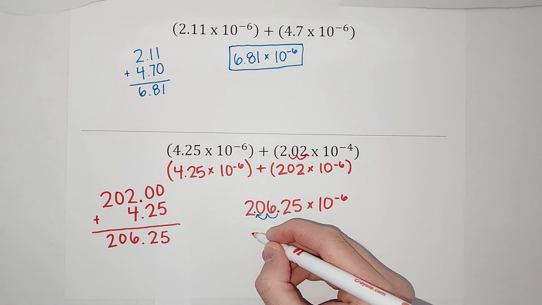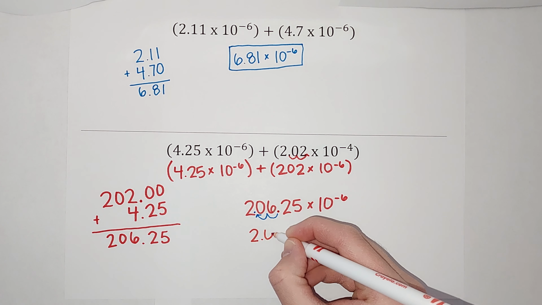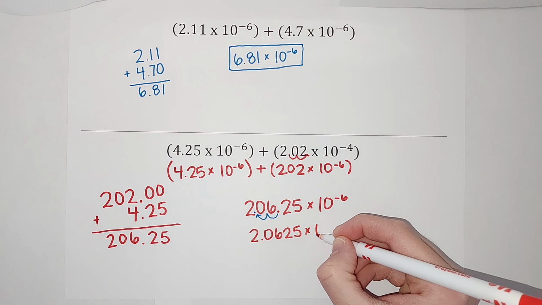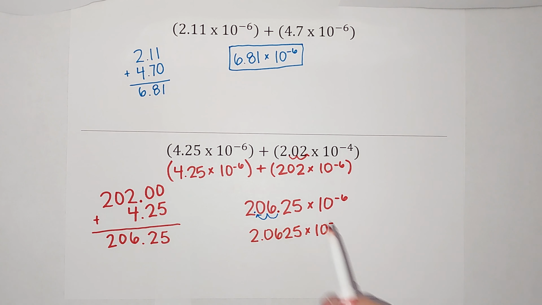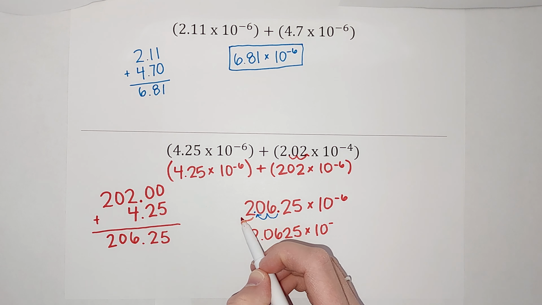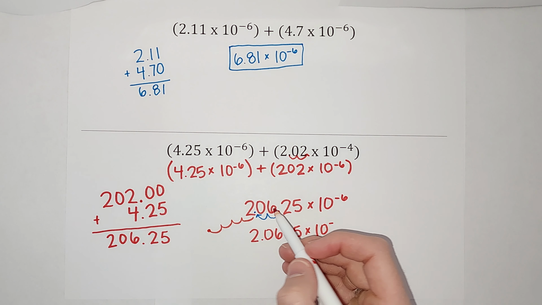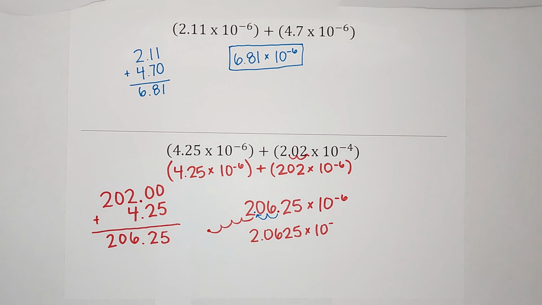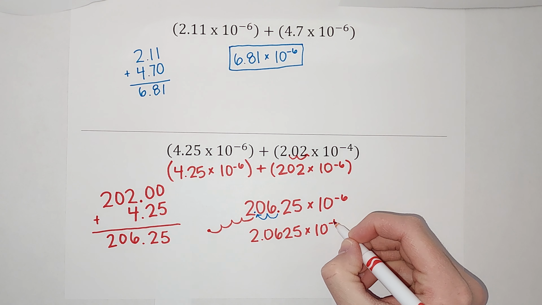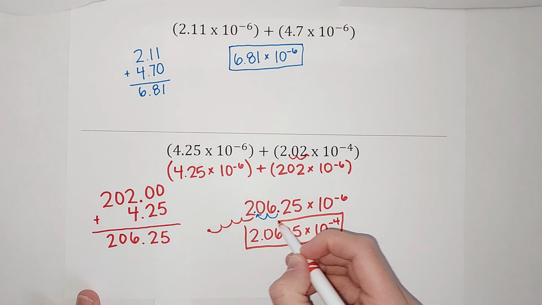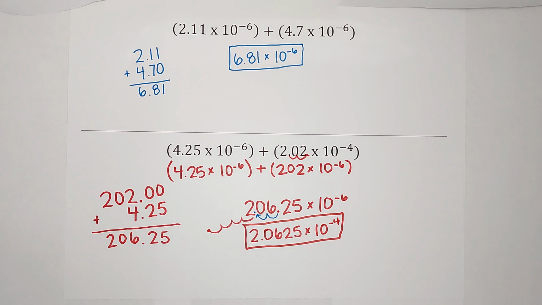So it's going to be 2.0625 times 10 to the negative, again, we're moving this way, so we're getting closer to that number. If I were to go all the way over 1, 2, 3, 4, 5, 6, that's where I want to be, right? So if I'm right here, I only have to move 1, 2, 3, 4. Okay, so it's going to be 10 to the negative 4th. And that is my answer.